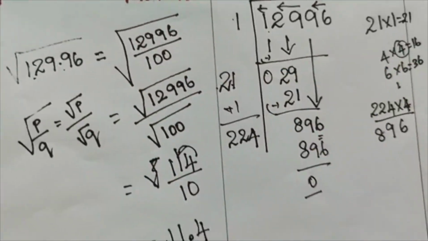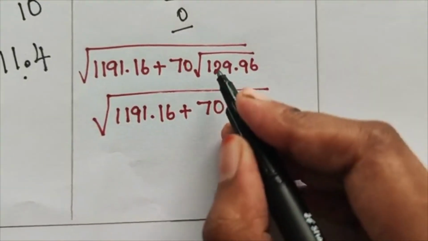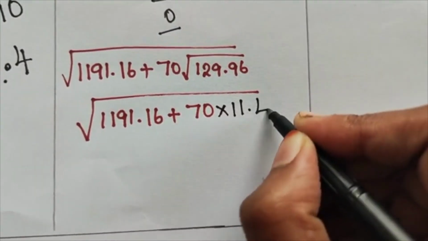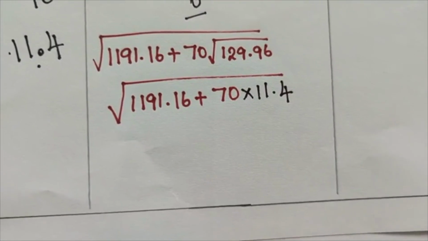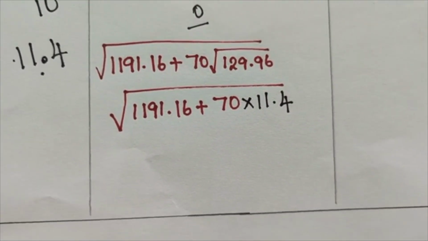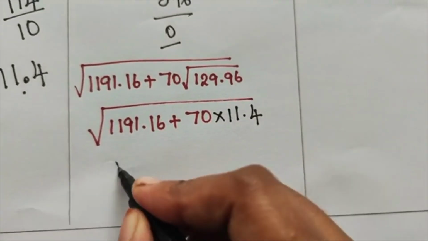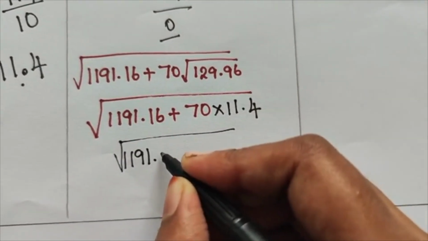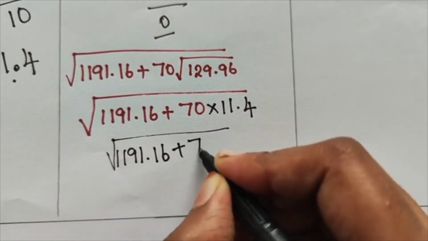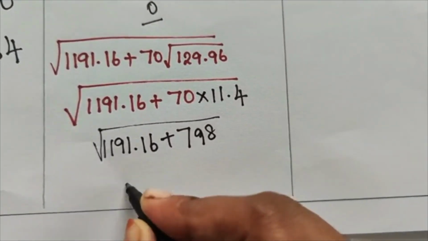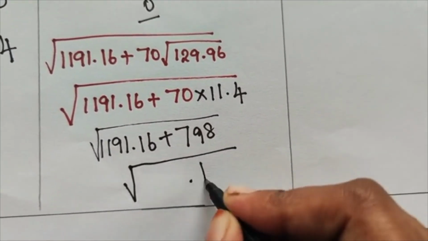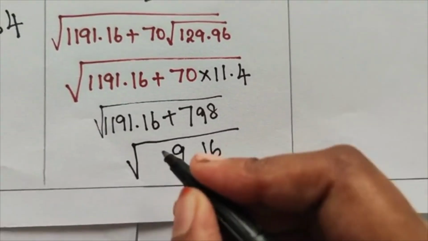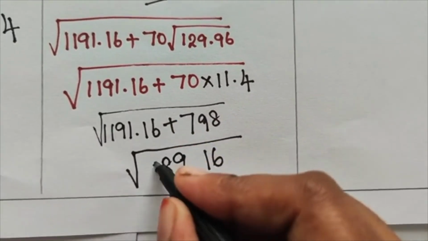Let's substitute in the question. So in place of 129.96 we get 11.4. 70 into 11.4 we get 798. 1191.16 plus 798. So adding these two we get 1989.16. 9 and 8, 17... 18, balance 1, 9, 1.